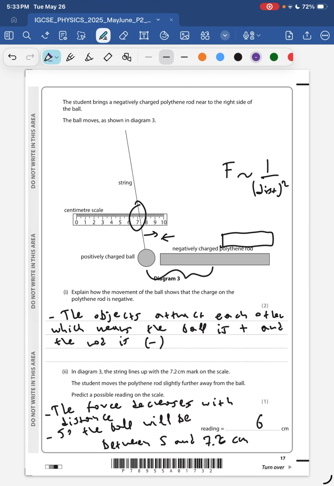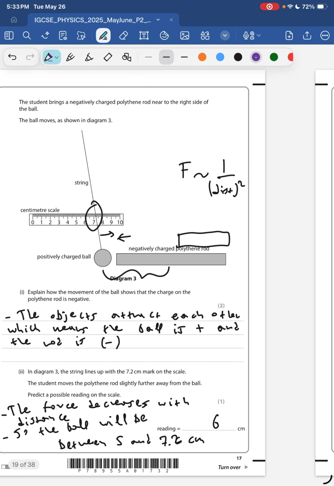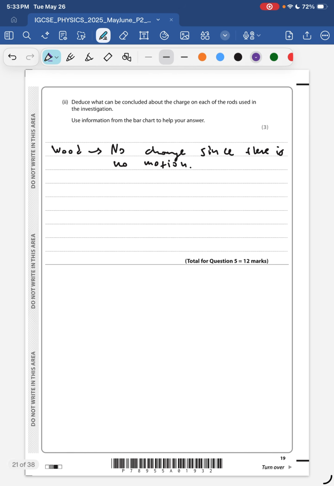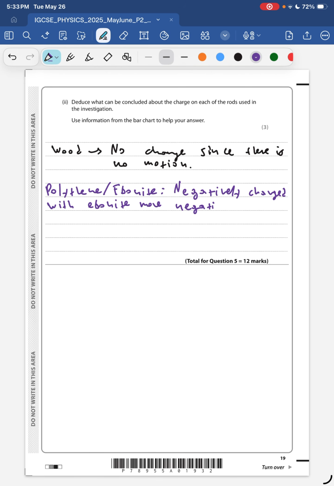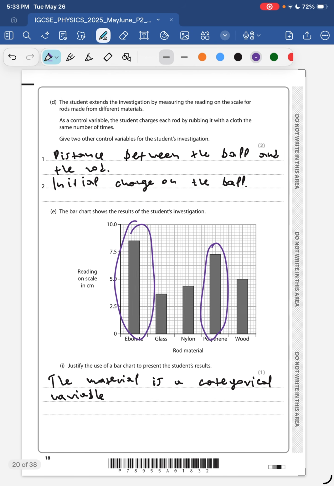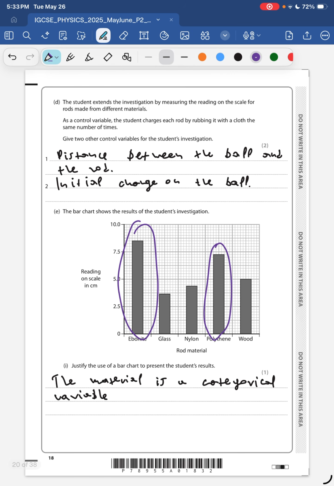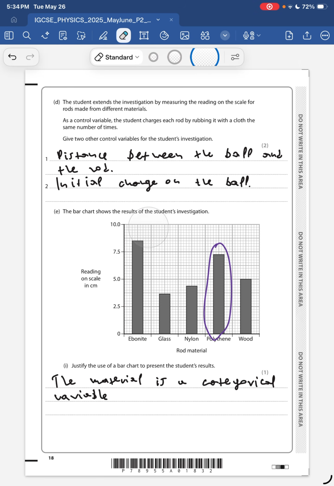Because they attract the ball pretty much to the right. So let's write this down. Polythene and ebonite, negatively charged, okay? With ebonite, more negatively charged than polythene. And how do we know that? Because ebonite has the largest displacement. Okay, so, and now we're left with the other 2 materials.